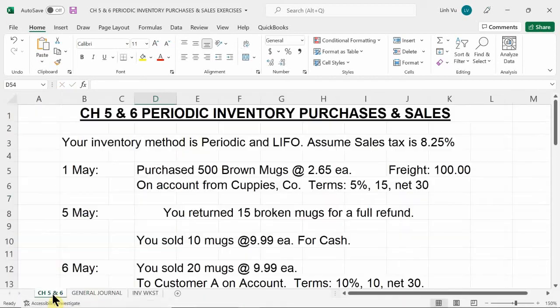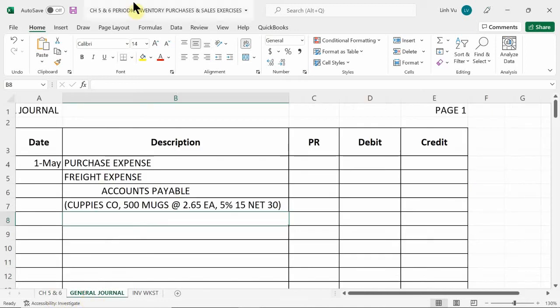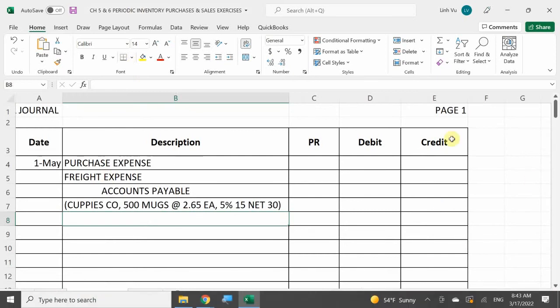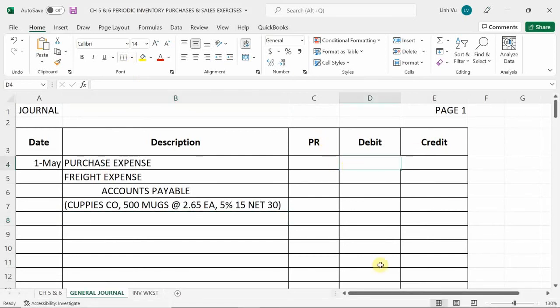Make sure that's correct. So here, May 1st, we purchased 500 mugs at $2.65 each. Freight was 100, and on account from Cuppy's Co. Terms 5%, 15 net 30. Good. So what's my total purchase expense here?